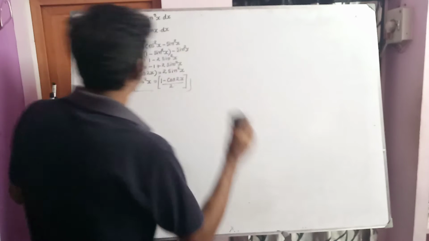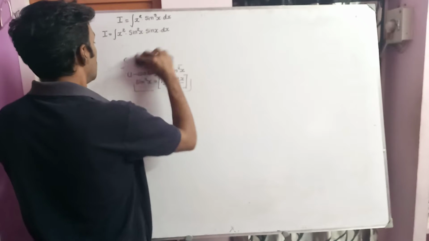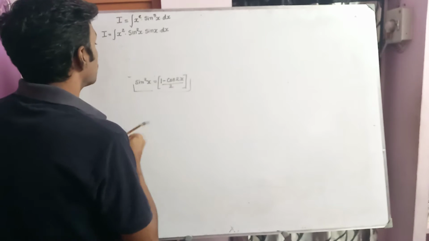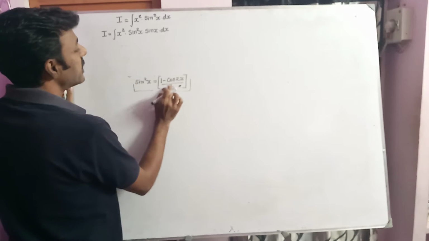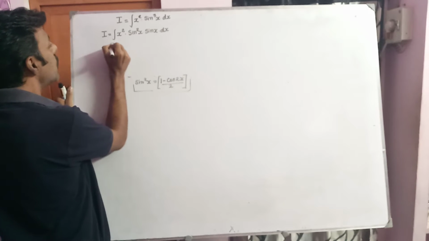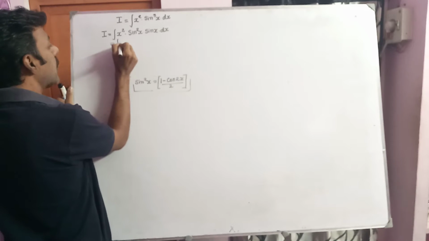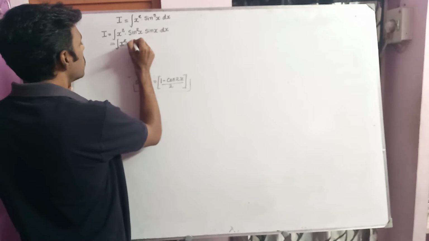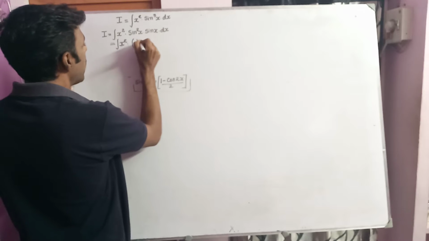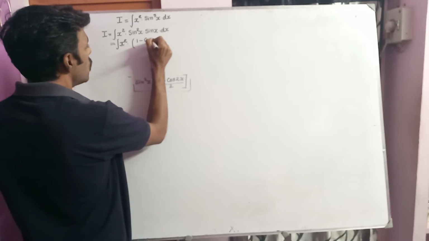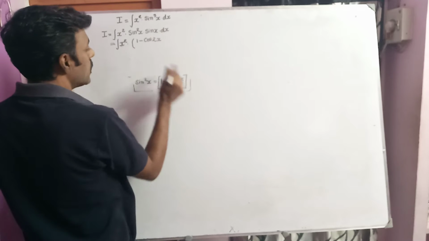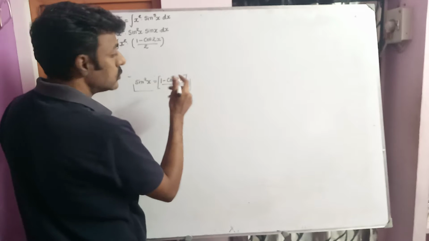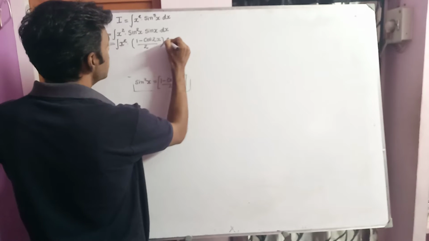So the sine squared x is 1 minus cos 2x divided by 2, which is equal to integral of x squared into 1 minus cos 2x divided by 2 into sine x into dx.